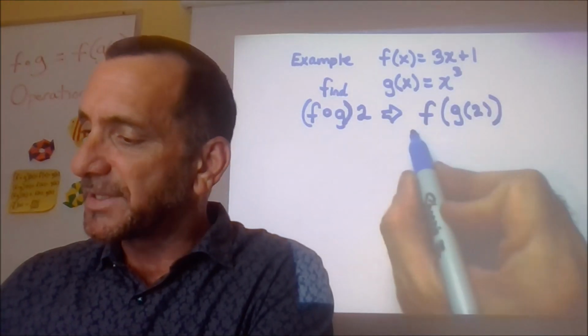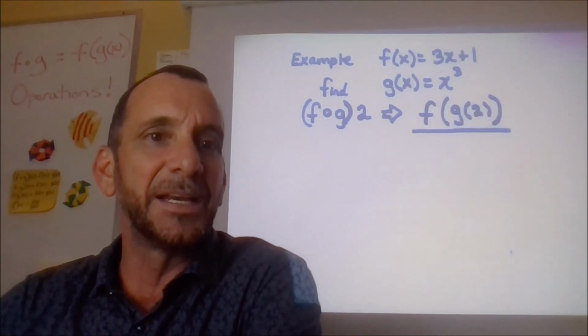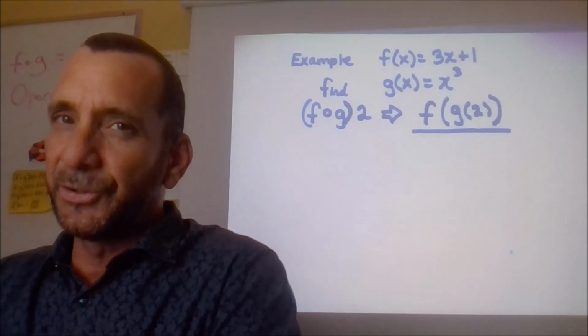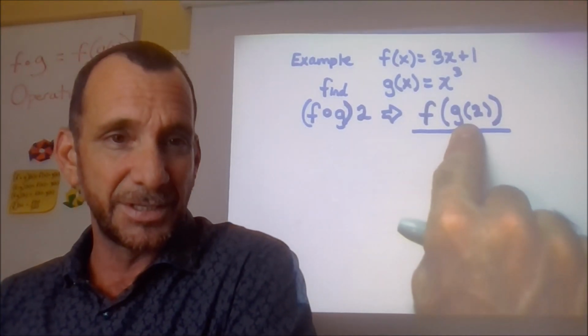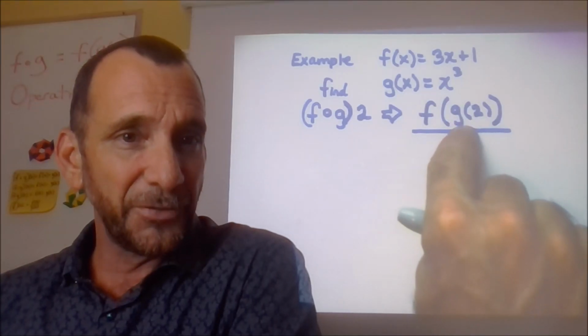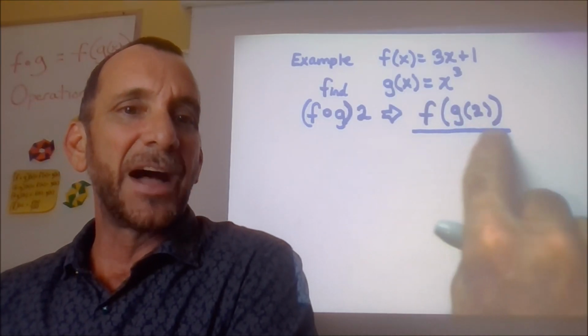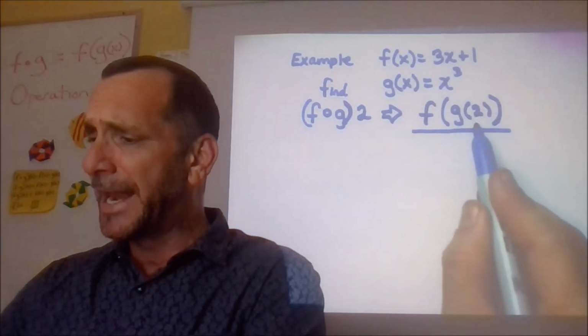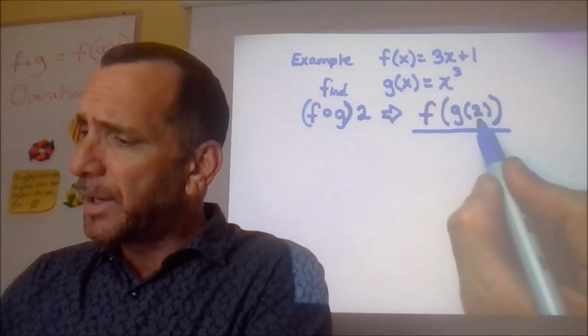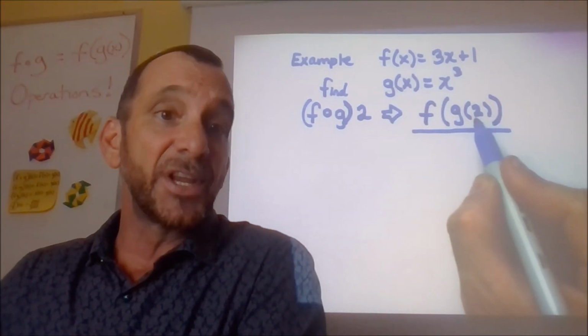And that might help us see it better. We're going to find f of g of 2. We're going to find g of 2 first, use the result from g of 2, and then find f of whatever that result was. Now, g of 2 means we want to plug g of x, x is 2.